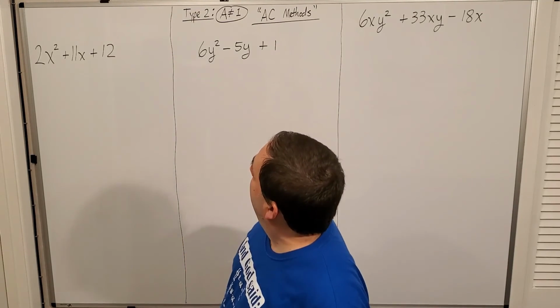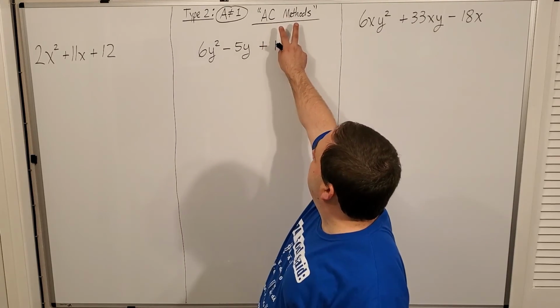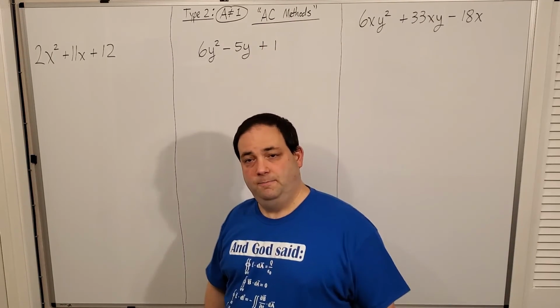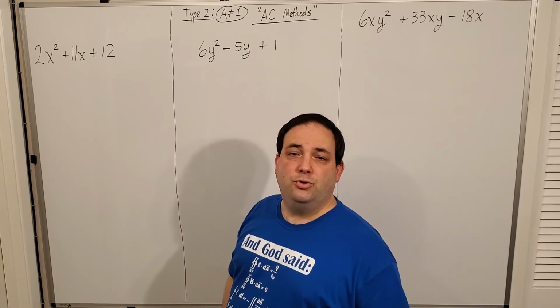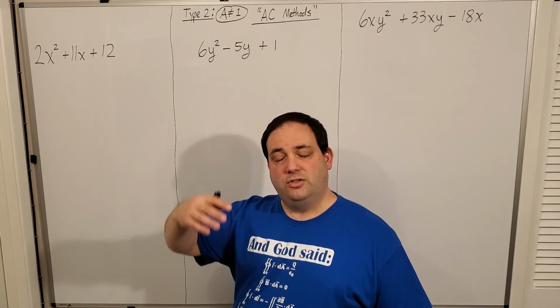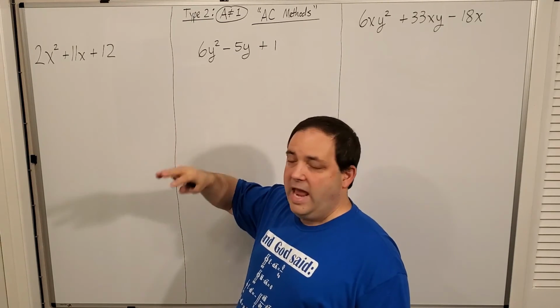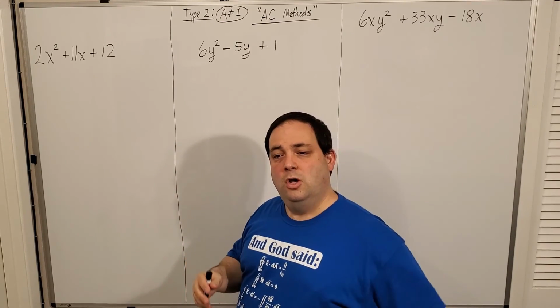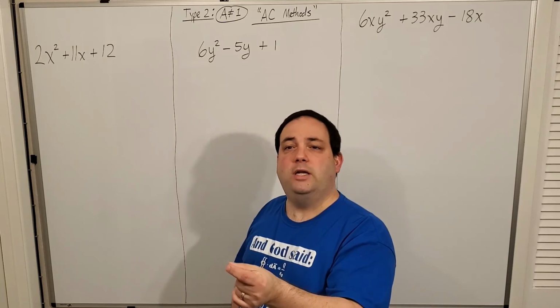Okay, so both of the methods that I'm going to show you are in the family called the AC methods. Okay, and what that means is it sort of helps you along without having to look at lots of different patterns. The AC method attempts to really hone in on the 2 numbers that you need really quickly.